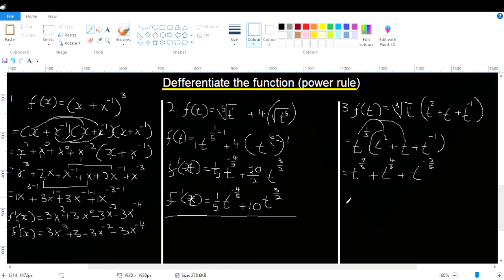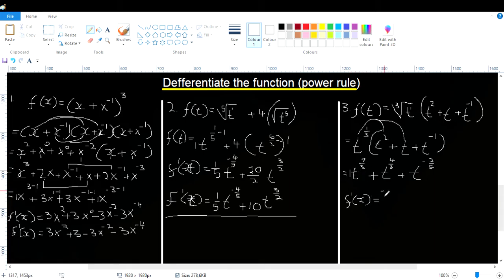Okay, now let's differentiate. I'm going to use this symbol for derivative. Here we have coefficient 1. Let's multiply 1 times 7 over 3.